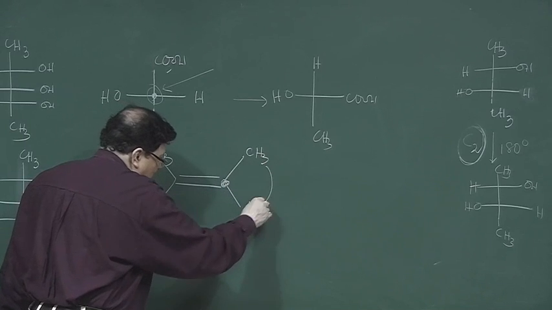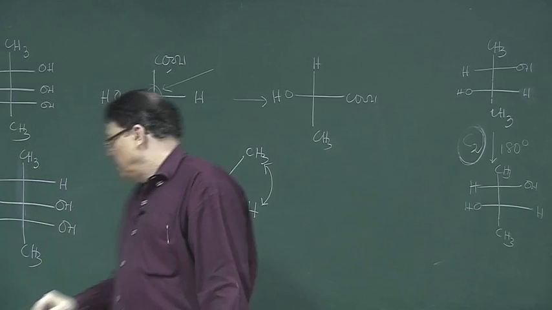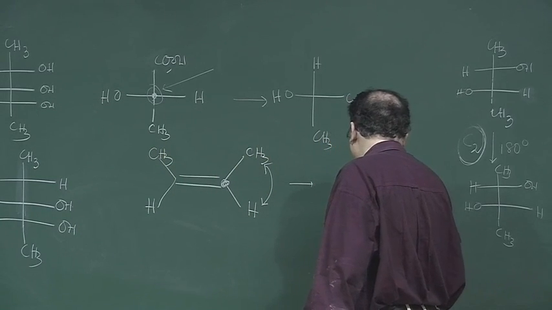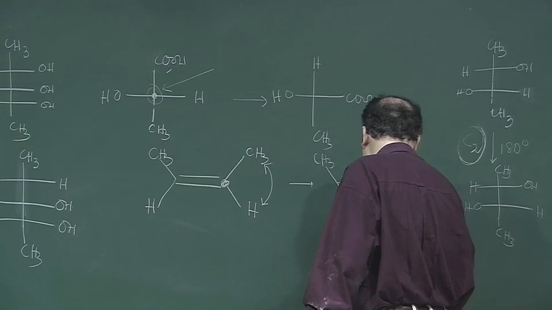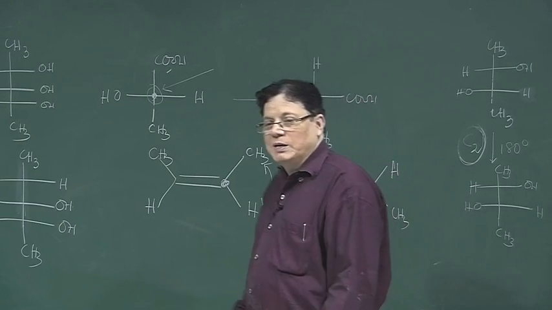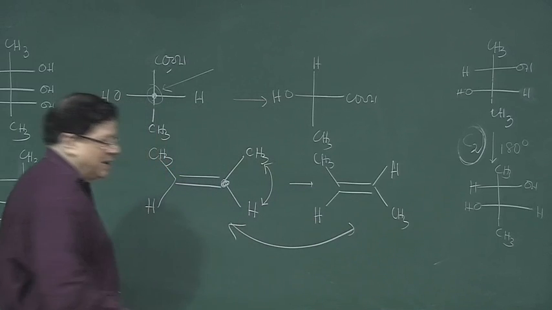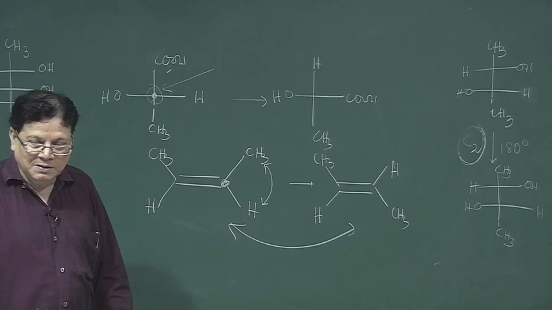If you interchange the position of methyl and hydrogen, what will happen? You will get what is called the trans 2-butene. And what is the relationship between these two? They are stereoisomers, but they are not mirror images. So, they are diastereomers. Okay.